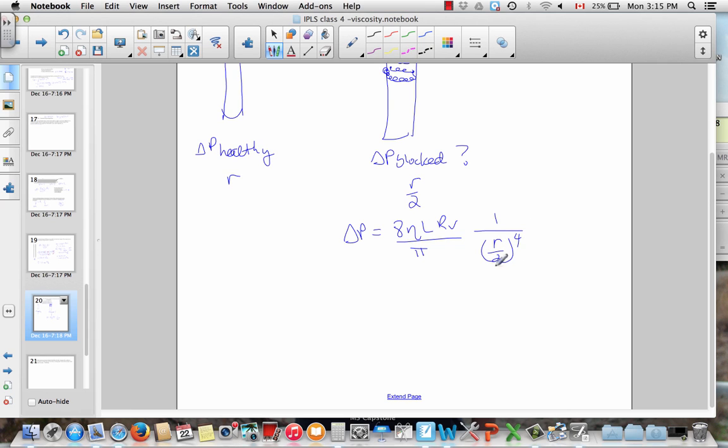So if you've cut the radius in half, then in this expression, that factor of a half is going to get raised to the 4th power. So you're going to get the same r to the 4th, but you're also going to get, in the denominator, 1/2 to the 4th power. Now, 1/2 to the 4th power is 1/16. And 1 over a 16th is times 16.